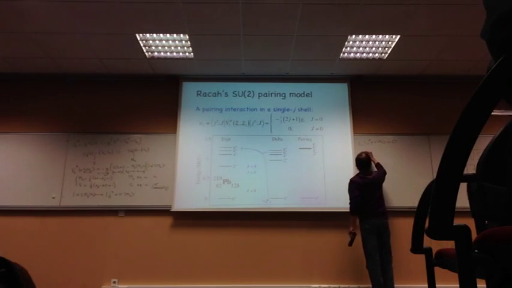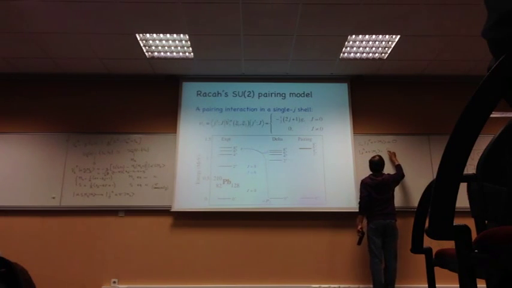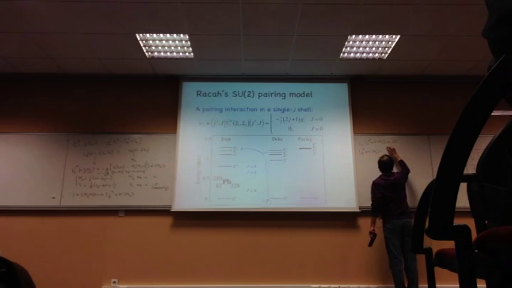Now I want to construct a state with n particles and arbitrary seniority. How do I do it? Very simple. I take S plus, and I act with it. Well, this is not normal.